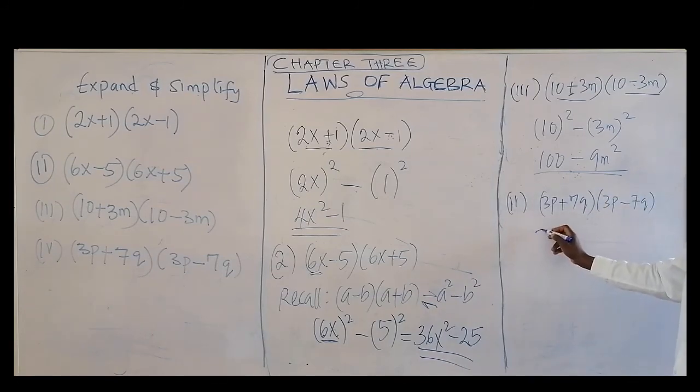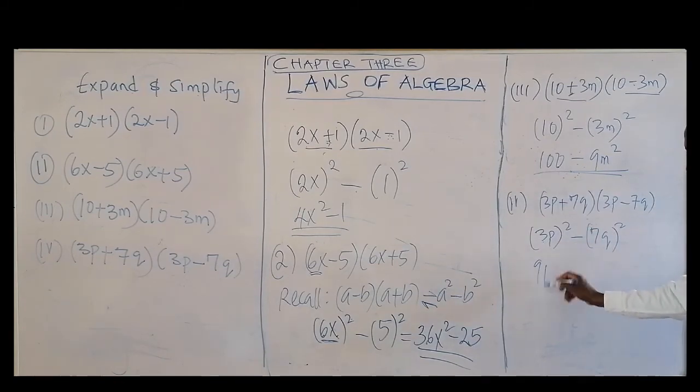So this will be 3p squared minus 7p squared. This square will affect 3, that will be 3 squared, that's 9, and then p squared. Then this 7 will also be affected by this power, that will be 7 squared, that's 49, and then p squared. So that is that on that question. Difference of two squares makes the simplification and the expansion faster.